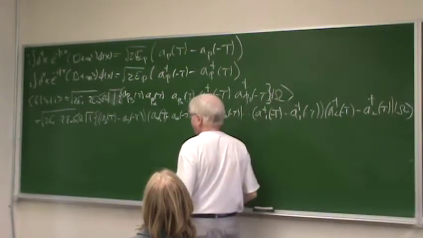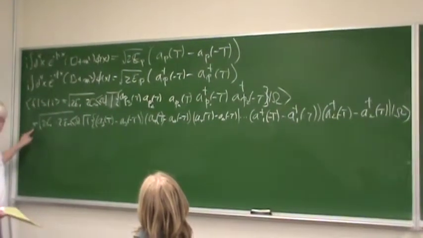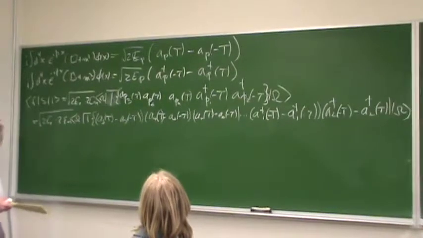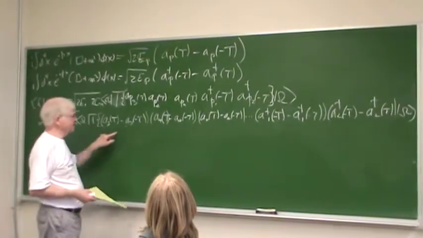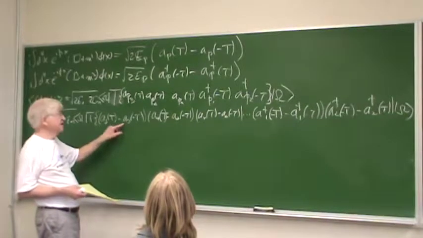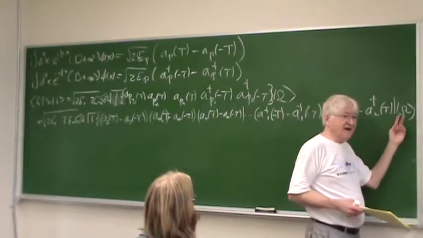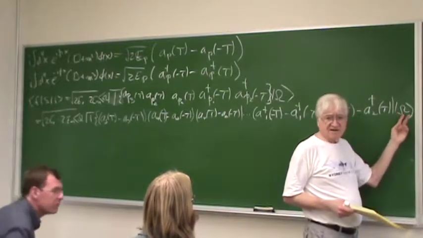So I've done something, and you might say, how does he get away with this equal sign here? Well, the reason is that the time ordering says this one is at time minus big T, so it goes to the end of the line, but at the end of the line, the annihilation operator annihilates the vacuum.